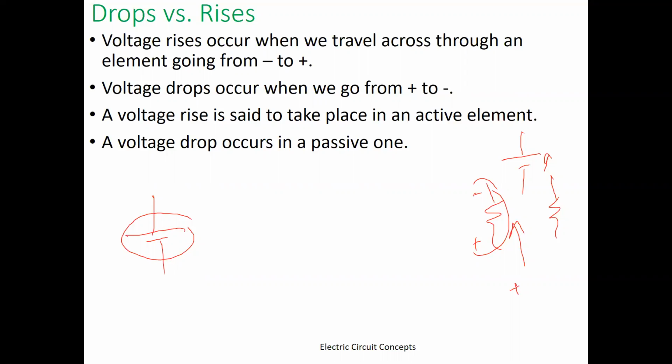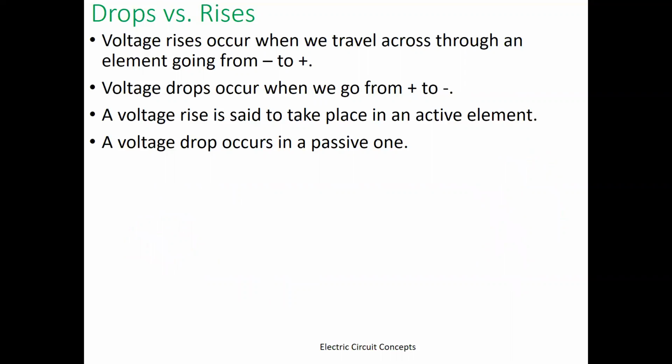It will not deliver power, energy or voltage. Usually the power supply we call an active element, and the resistance we call a passive element, because it doesn't produce energy. In fact, it will absorb energy. So this is a definition you might see.